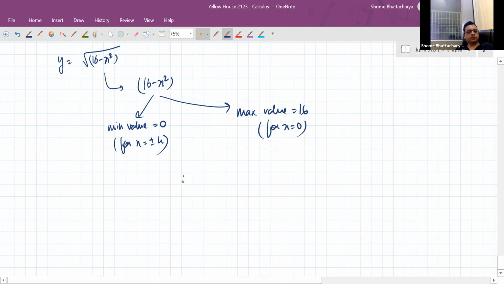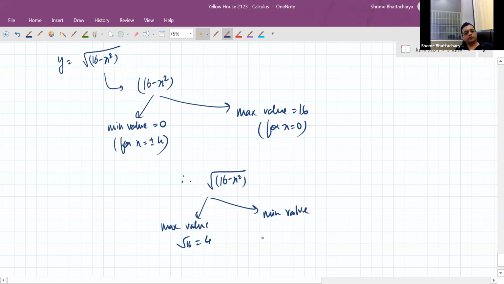Therefore, the square root of 16 minus x square will have a maximum value of the square root of 16, which is 4. And it will have a minimum value of the square root of 0, which is 0.